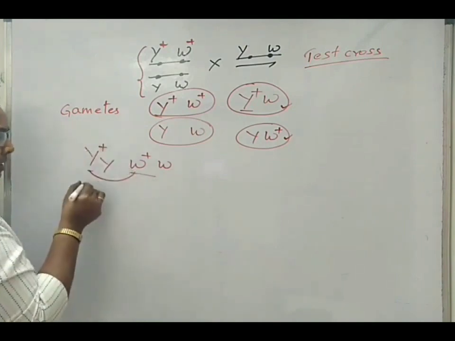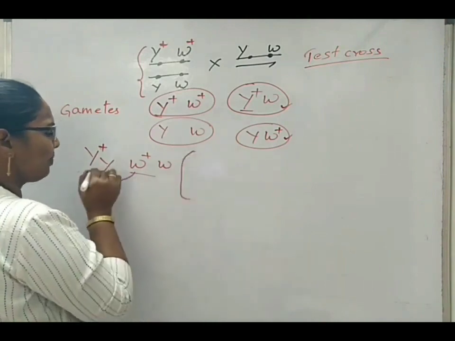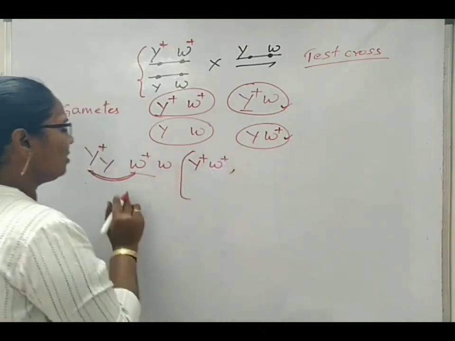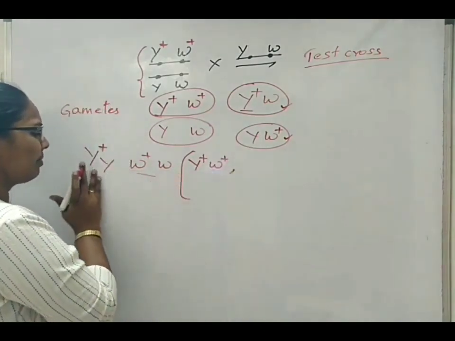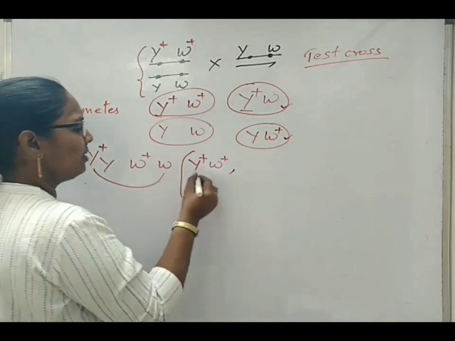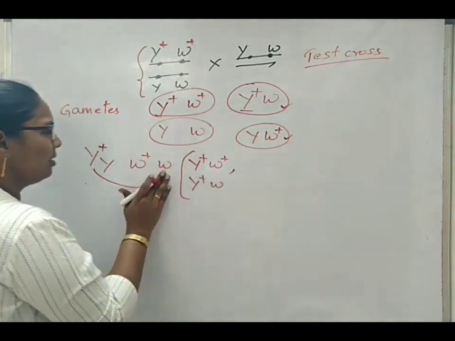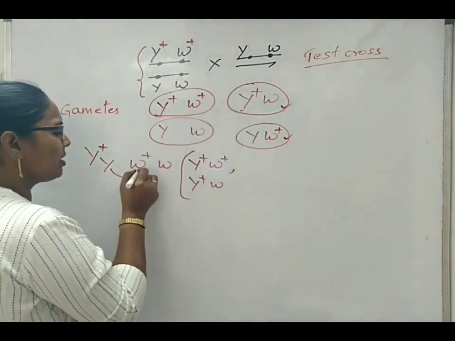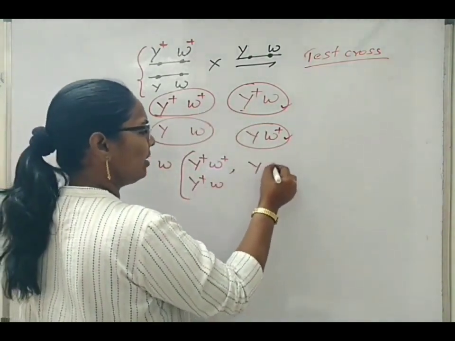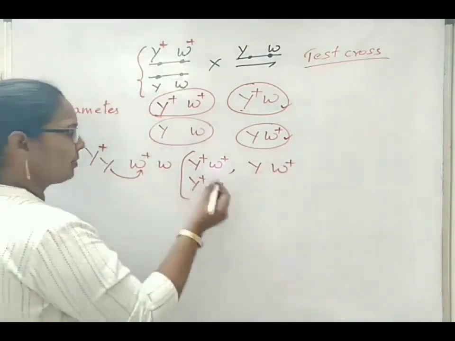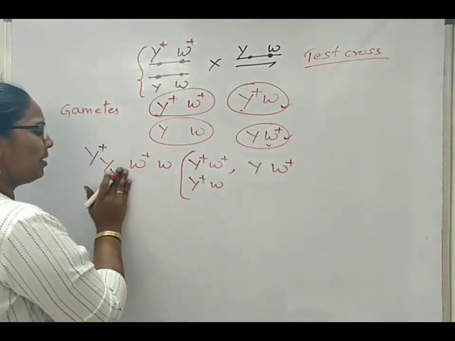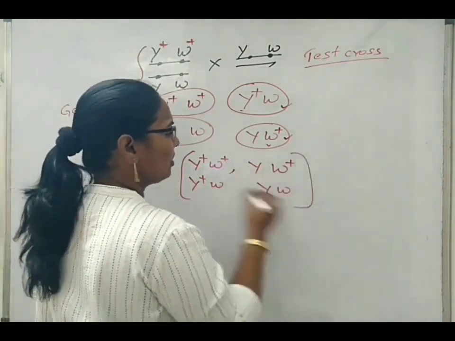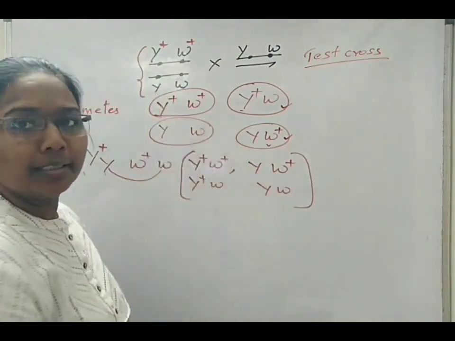If we extract the gametes from this one, it will obviously be one combination of two dominant alleles, Y plus W plus. Next, another type of allele combination, that is Y plus W, which I have written here. Another type is a recessive allele and a dominant allele of another character, which I have written here. Next, another combination is both recessive alleles pairing. So these are the types of alleles that I have written here.